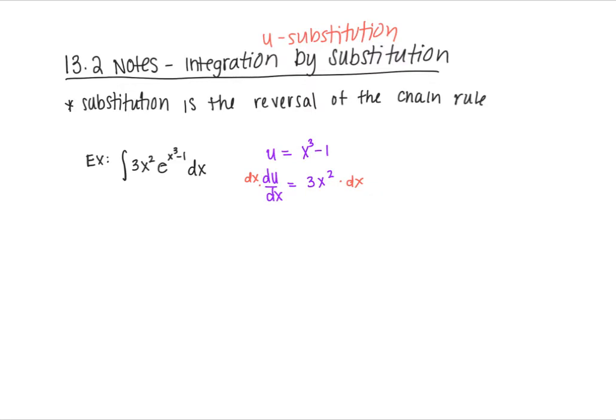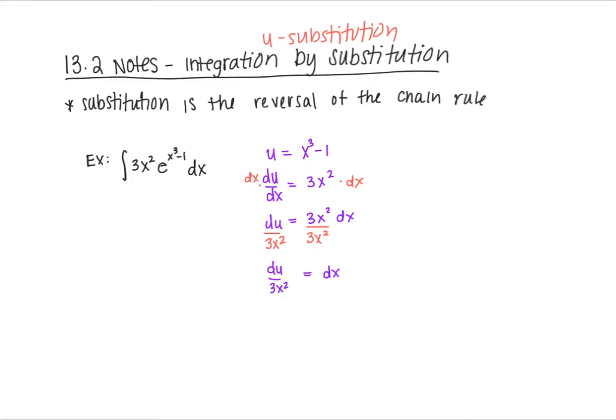So now I have du equals 3x squared dx. I want dx by itself, so I am going to divide by 3x squared. So now I have dx equals du over 3x squared. That's the u part.